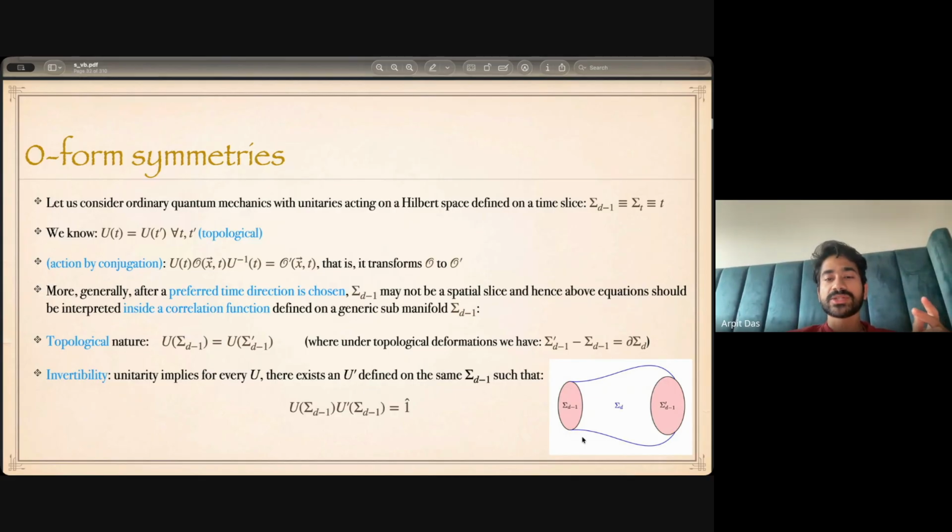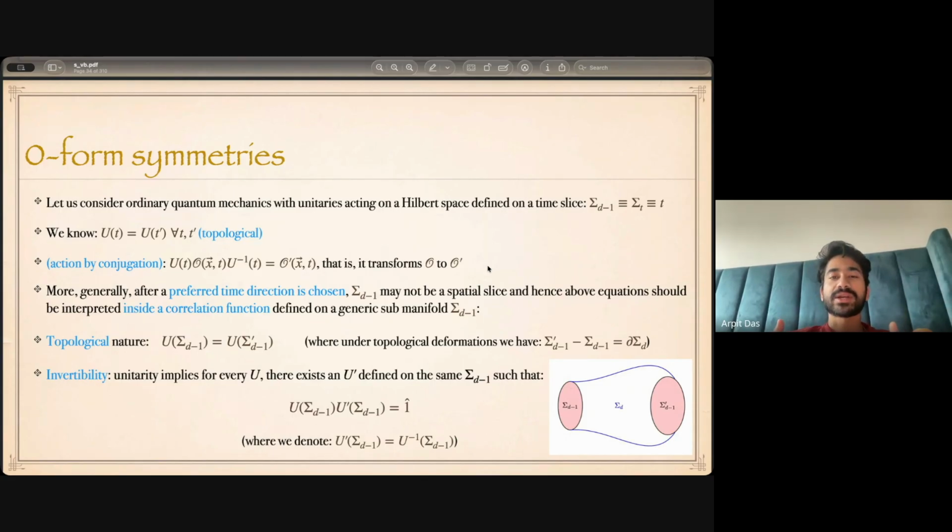And furthermore, as you know, all these unitaries, since they are unitary, will form a group, so whenever you have a U, you will also have a U inverse, so that when you compose them, you just get the trivial operator or the identity operator. Okay. And you can denote this U prime as U inverse. Again, this is all that we know from ordinary quantum mechanics. I'm just trying to phrase it in a way that can be easily generalized.